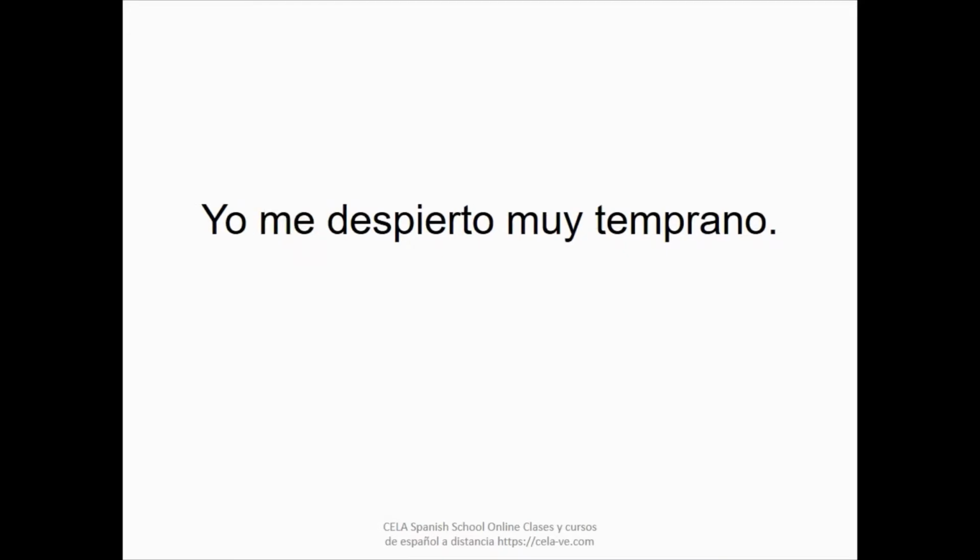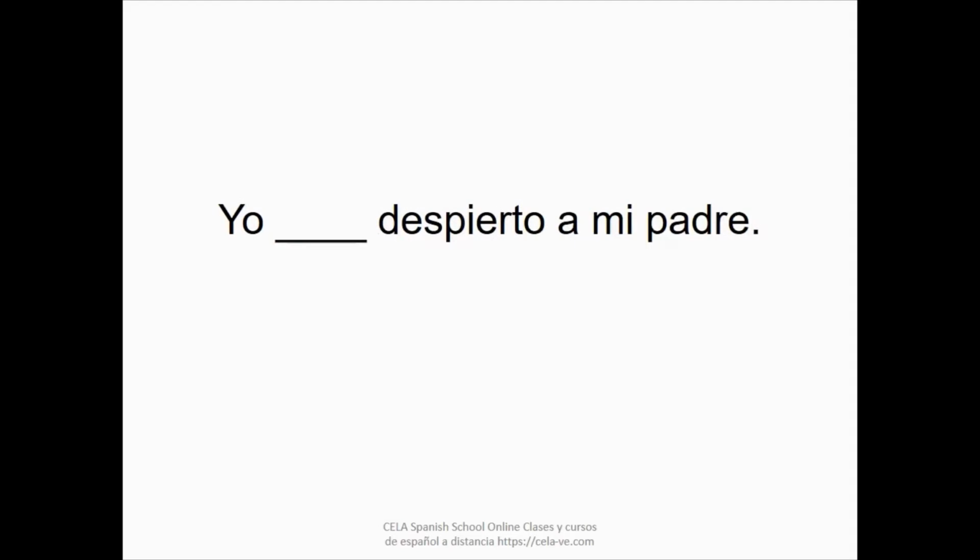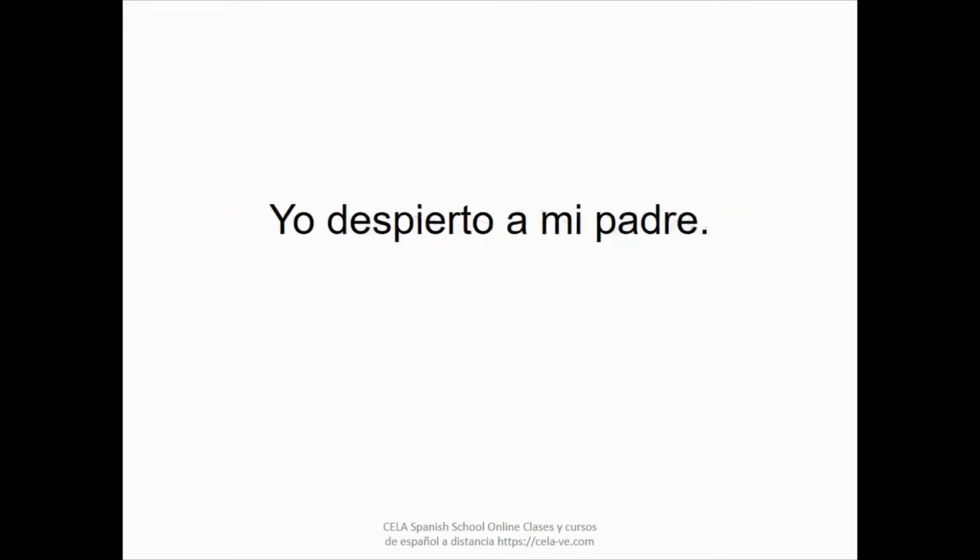Yo me despierto temprano. Despertarse, to wake up, is reflexive in Spanish. Yo despierto a mi padre. If I wake up someone else, it's not reflexive. I wake my father.